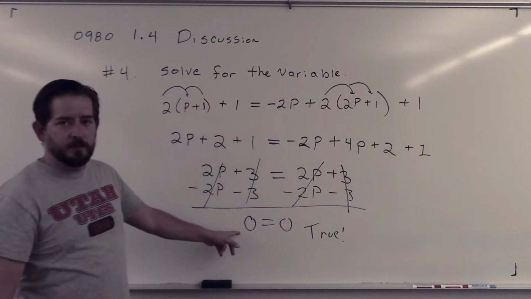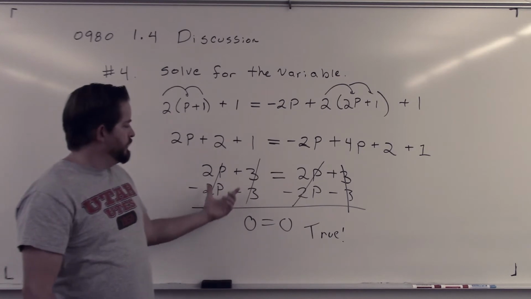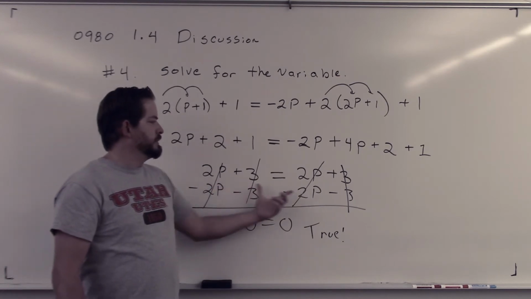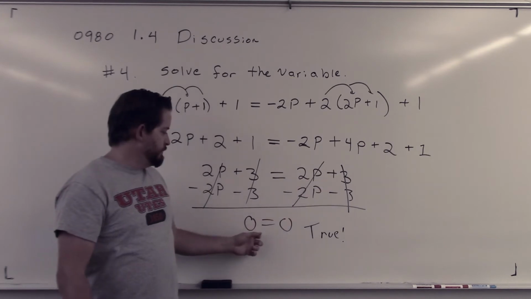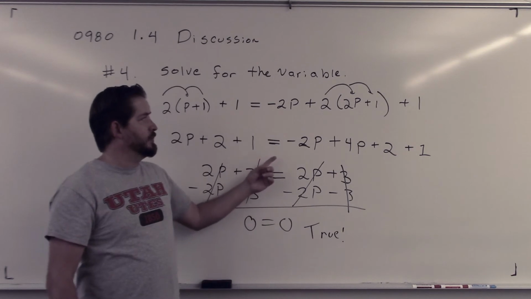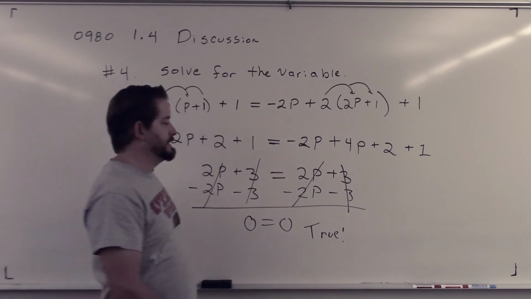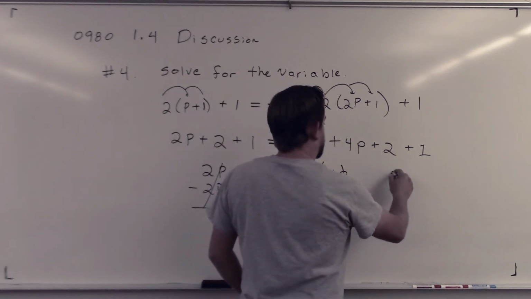I boil it down to something that's true regardless of what p is. If I get down to the point where I have the exact same thing on the left and the right, or I break it down to 0 equals 0, then this is true always, and it doesn't matter what p-value you put in there, it's going to be true. And so p can be anything.